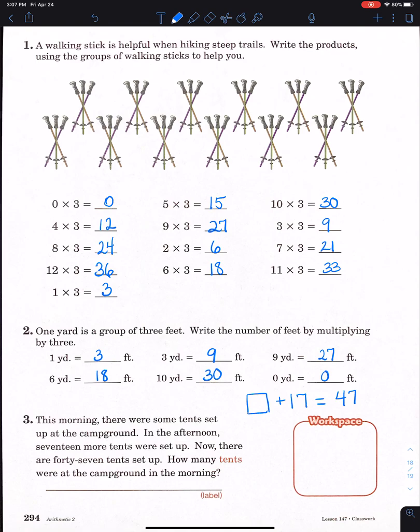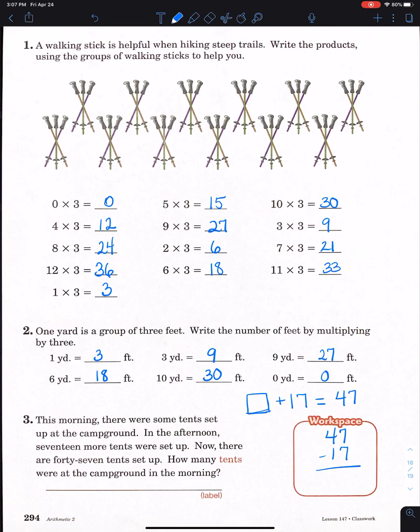So here's what we know. This number that's missing plus 17 equals 47. And in order to find this number, we need to subtract 47 minus 17, because this answer will be what you add to 17 to add up to 47.